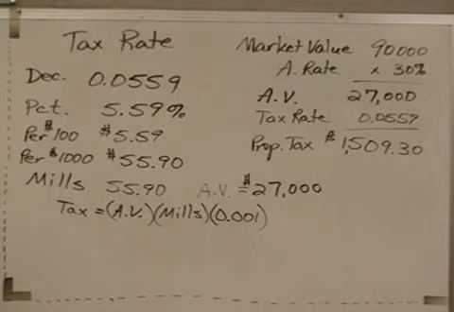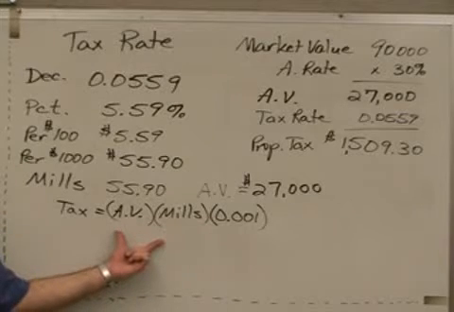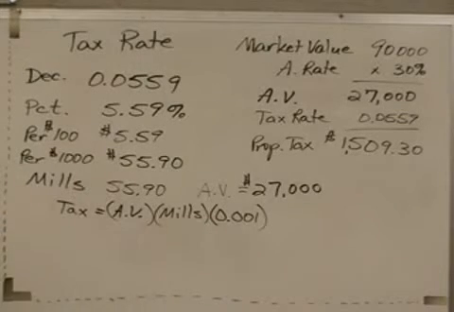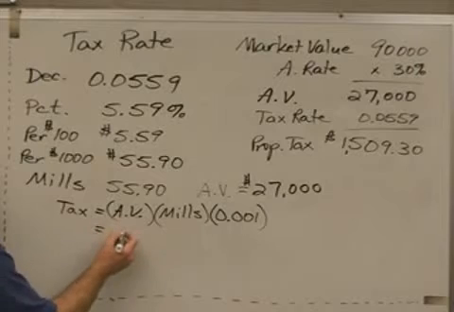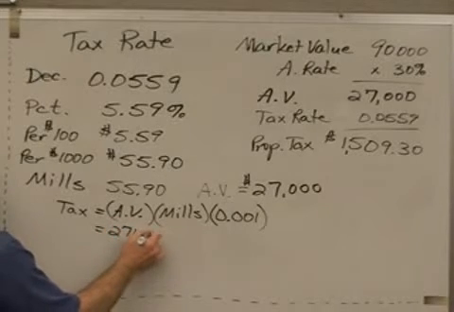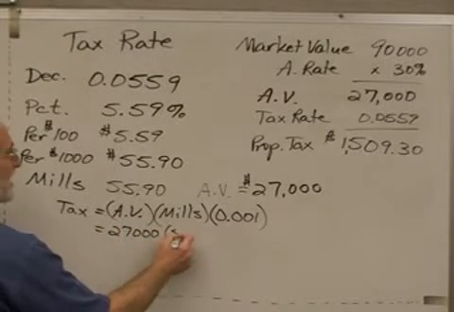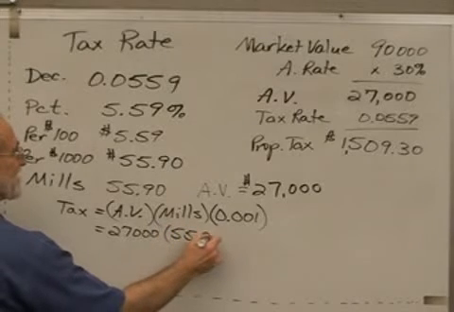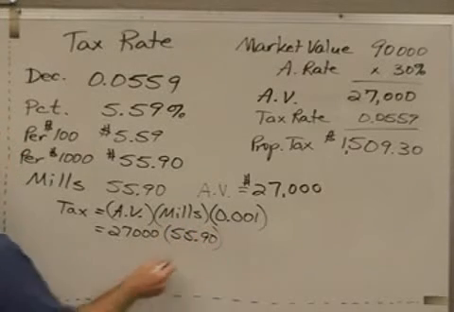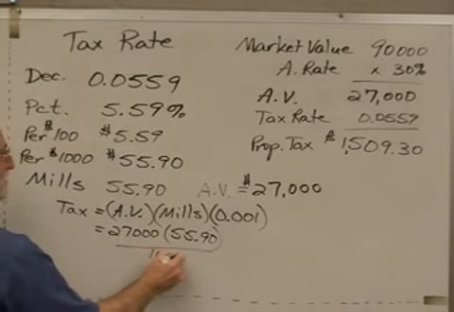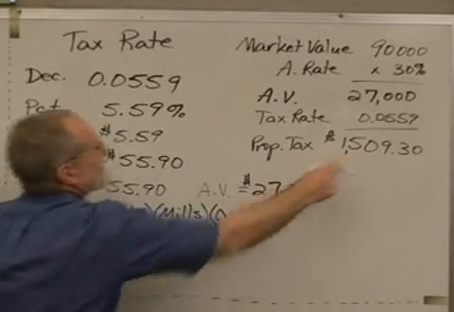That's how they put it in the book. But that's the same as dividing by 1,000. So let's punch in 27,000 for our assessed value times 55.90, and then divide that by 1,000, and that should give us this exact same number.